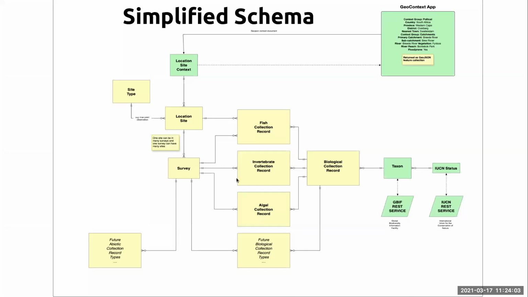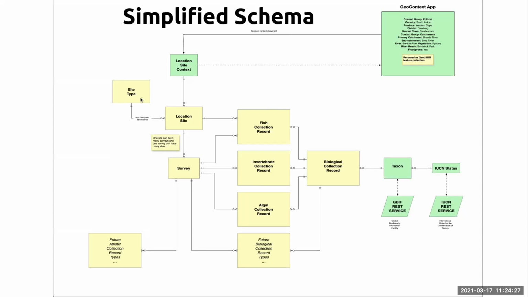This is an early schema diagram from maybe the first year of development, but it's still kind of relevant, and it shows the broad architecture where we have this concept of a site. In the database it's called a location site, and in the architecture, the site could be of different geometry types.